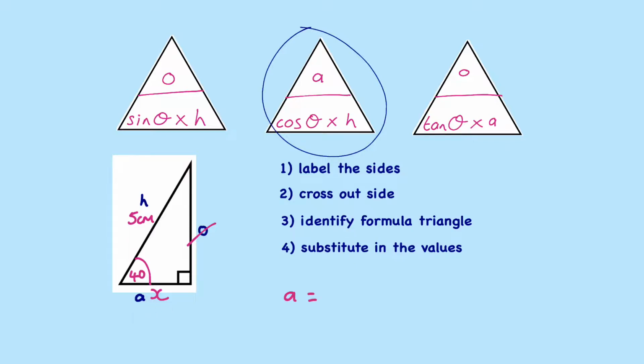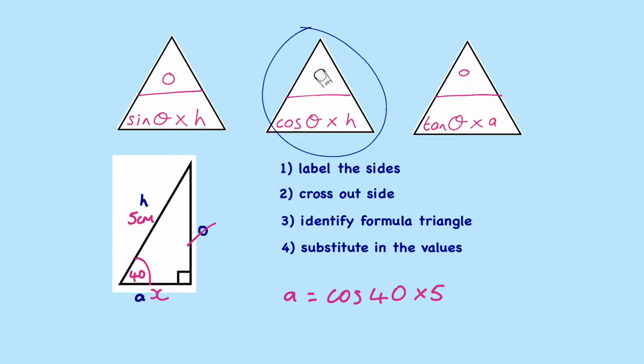So A equals, we'll go to our triangle above and we cover up the A. And that leaves us with cos theta times h, and the angle theta is 40 degrees. So cos 40 multiplied by h, and h is 5 centimeters.